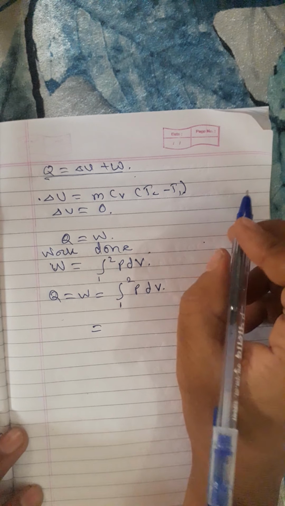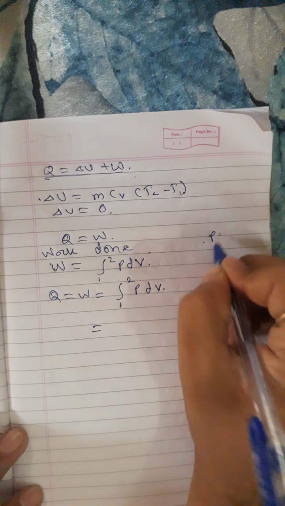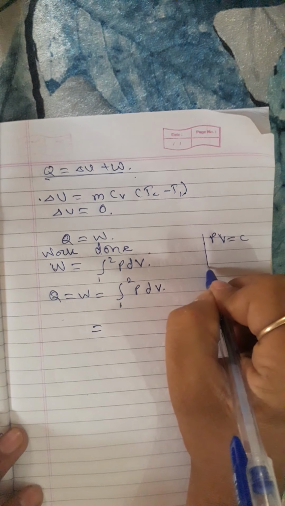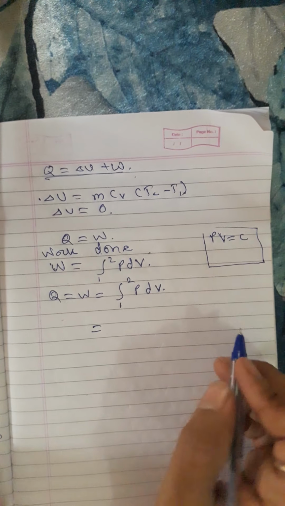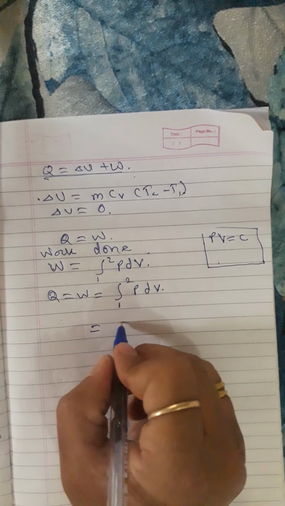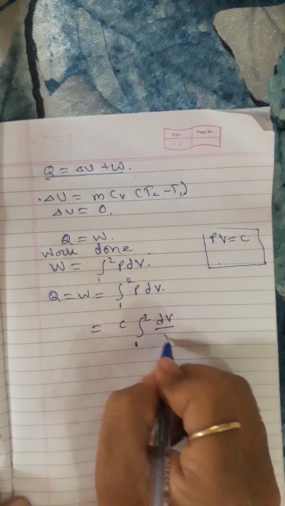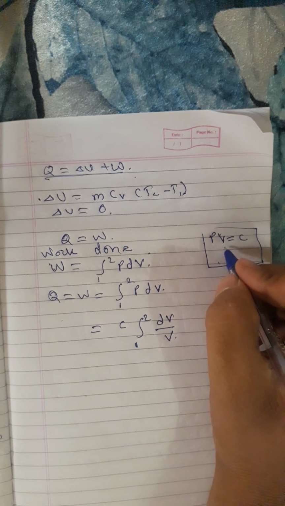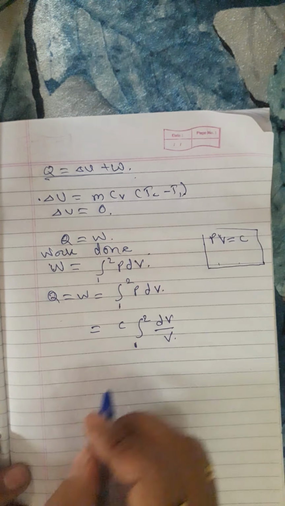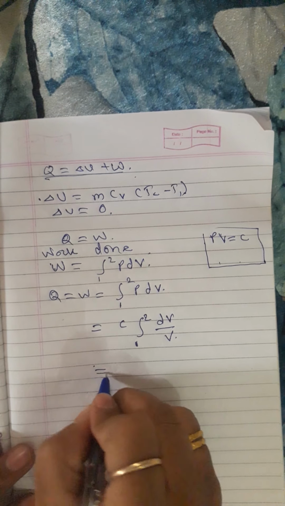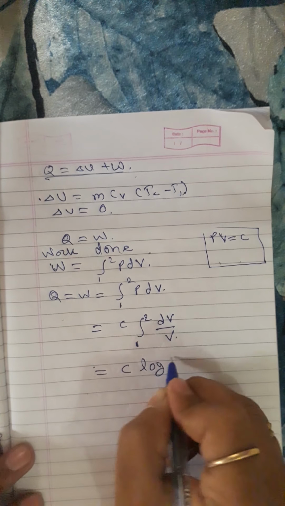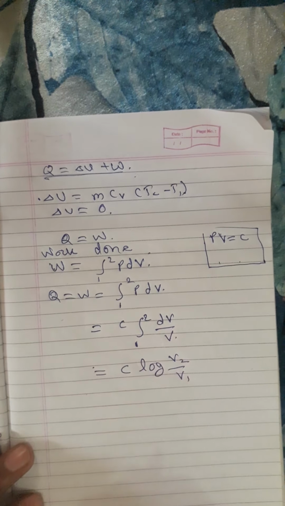When temperature is constant, the law becomes PV is equal to constant. By this law we can write the integral from 1 to 2 of C dV upon V, because P is equal to C upon V. Taking the integration, we get C log of V2 by V1.